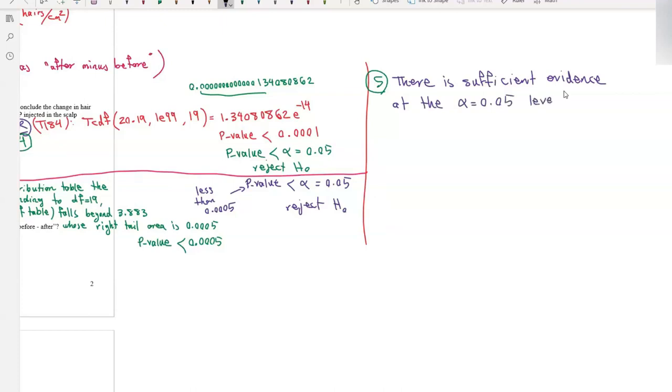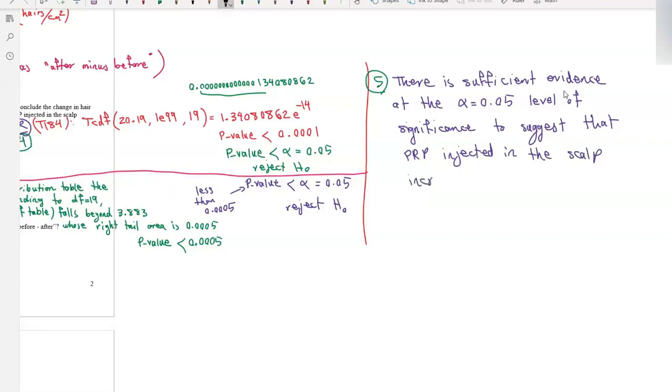This was the level of significance. To suggest that we had PRP injected, and since we rejected null, this increases hair density.